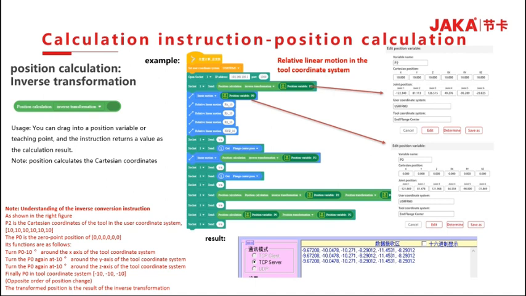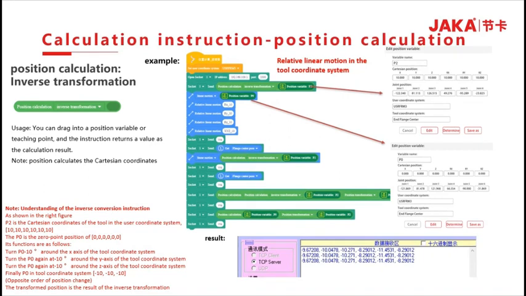The robot moves in a relative linear motion under the tool coordinate system, respectively rotating negative 10 degrees around x, then rotating negative 10 degrees around the y-axis, then rotating negative 10 degrees around the z-axis, and finally translating negative 10 millimeters in each of the x, y, z directions.